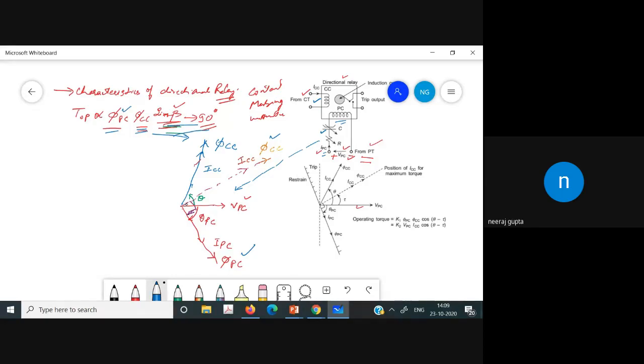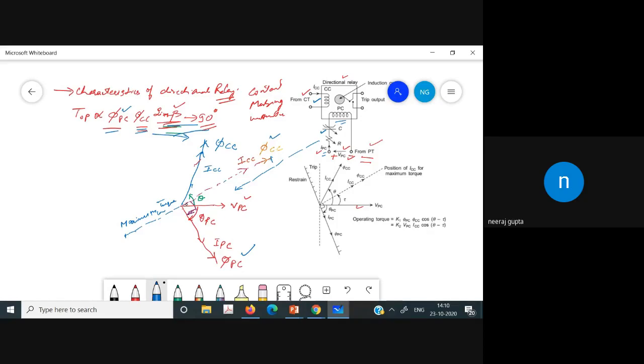This line at which the maximum torque is obtained is known as the maximum torque line, that is from here to here.